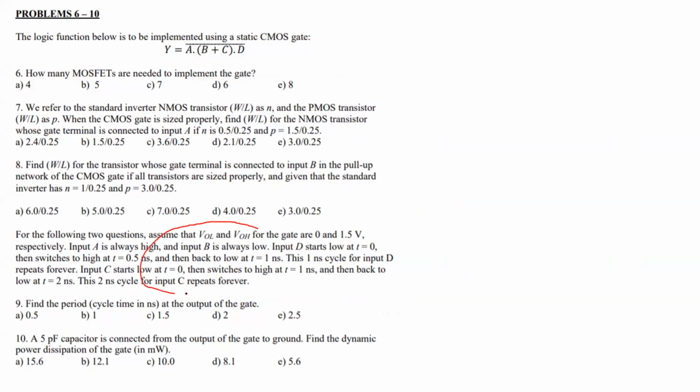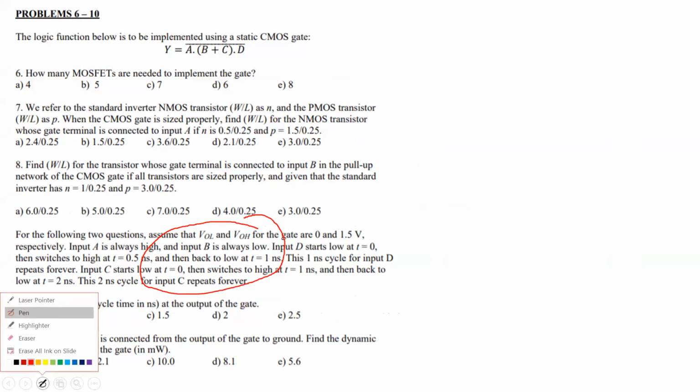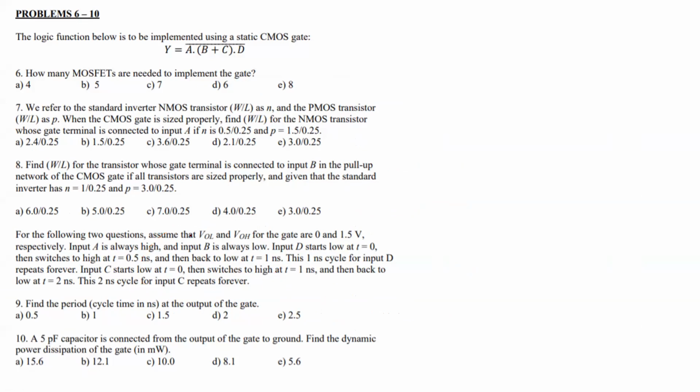Given the input, first we need to draw the gate. If I have Y equal to the bar of A into B or C or D, I know that if I remove the bar from here, I can draw the pull down network with this expression, right? Yes.